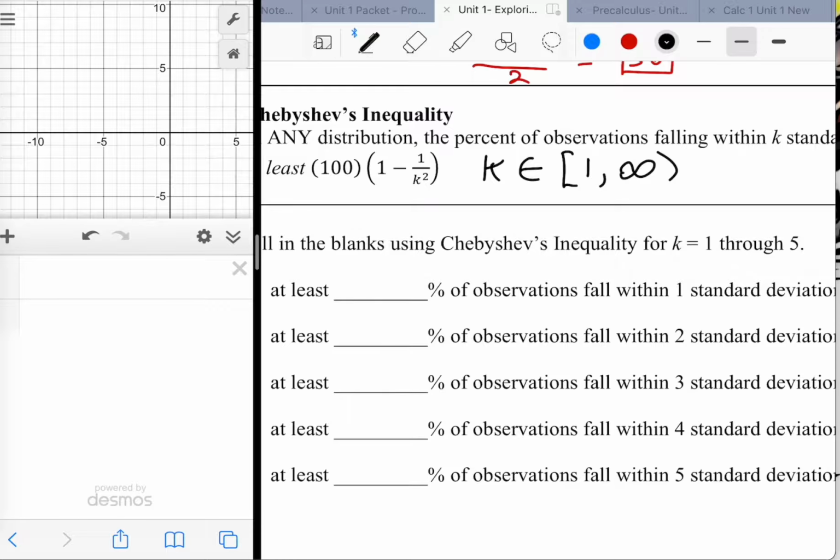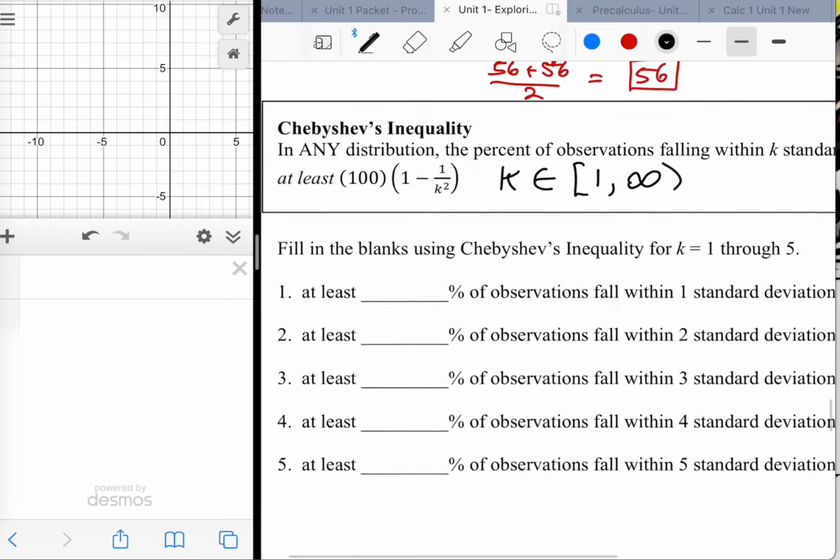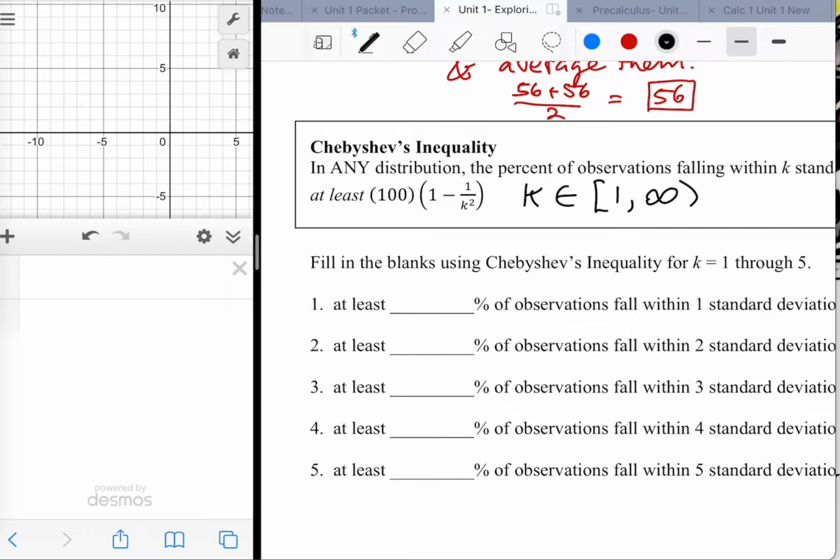So, you could go out infinite standard deviations from the mean. The problem is it starts becoming a little bit less meaningful the further you go away from the mean, right? The benefit of Chebyshev's inequality is it's not limited to just a normal distribution. It's flexible enough to handle any kind of distribution.